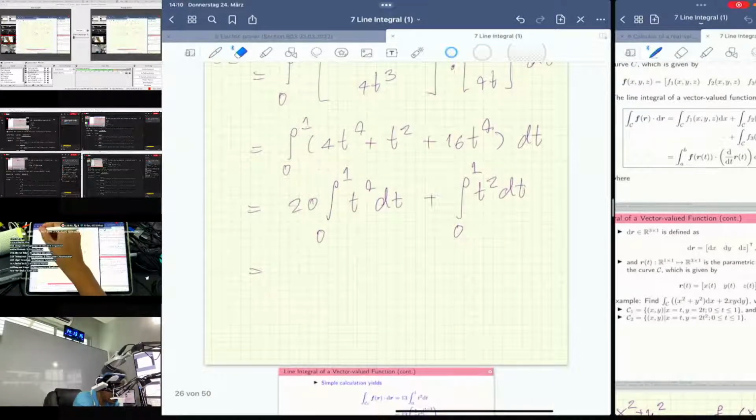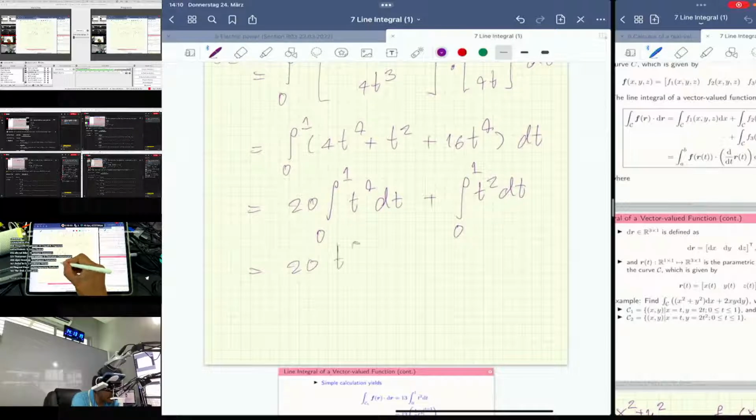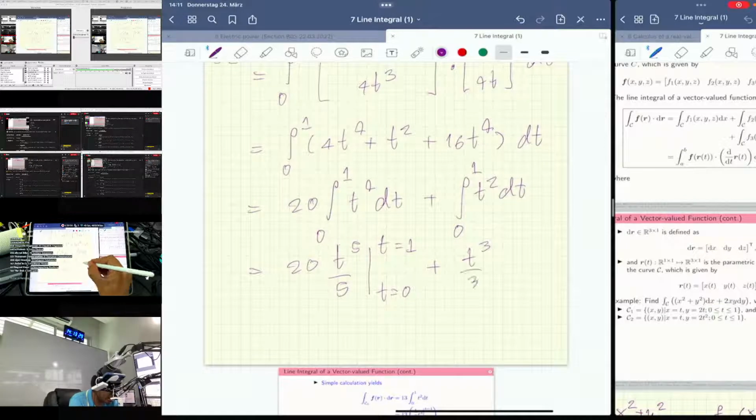So 20 t to the 5 by 5, t from 0 to 1, plus t cubed by 3, t from 0 to 1.